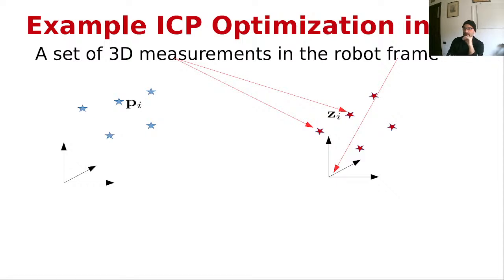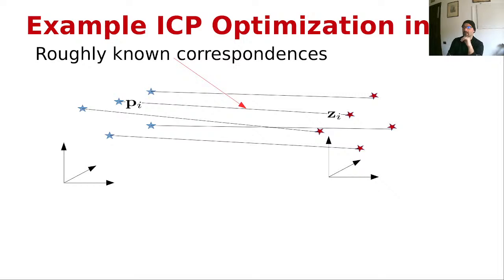Now I tell you that if some oracle would provide us with the correspondences, which means given the two sets of points, if someone would tell us which point in the first set belongs to the point in the second set, in the sense that they refer to the same instance of an object in the world, then, so this is the reference frame of the robot, of the new sensor.